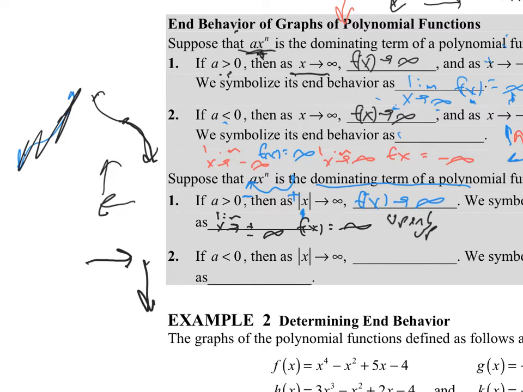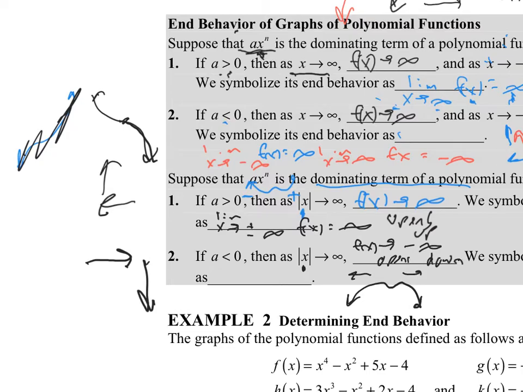End behavior. If a is less than 0, that means inside there is a fraction. That means from both sides, that picture looks like this. So it doesn't matter whether I go positive x's or negative x's. Both sides open down. So as x approaches infinity or negative infinity, f of x approaches negative infinity, or I could say opens down.